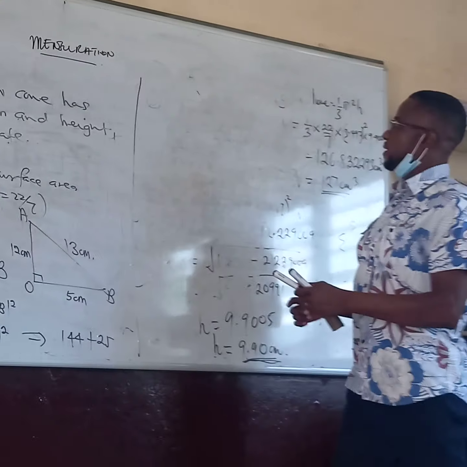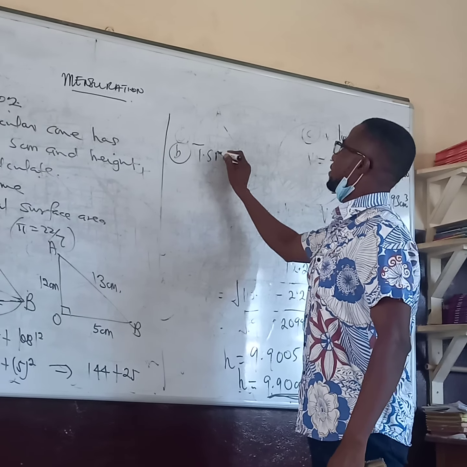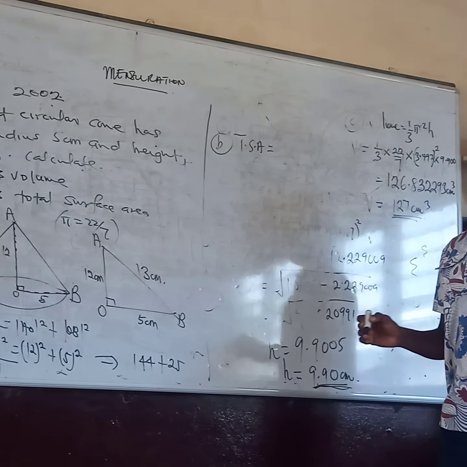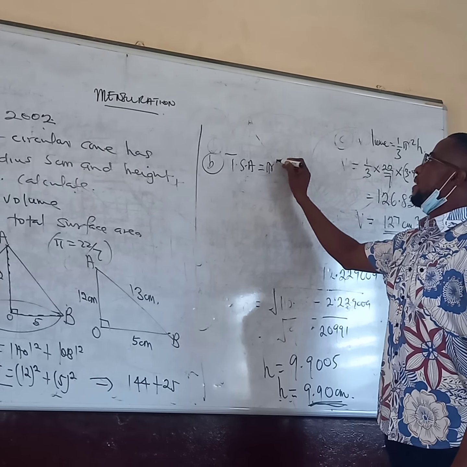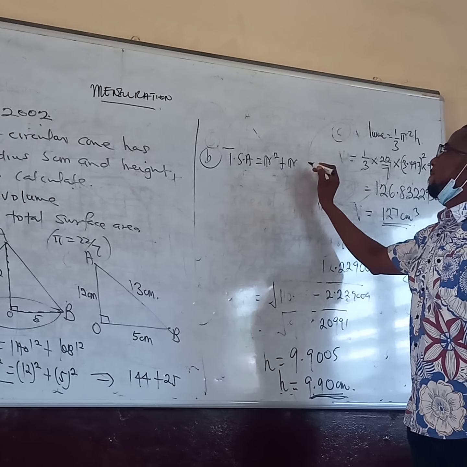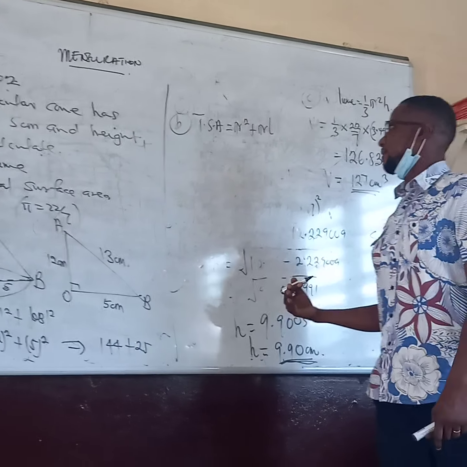To find the total surface area, which is the B part, the TSA of the cone will be pi r squared plus pi r l, where L stands for the slant height.